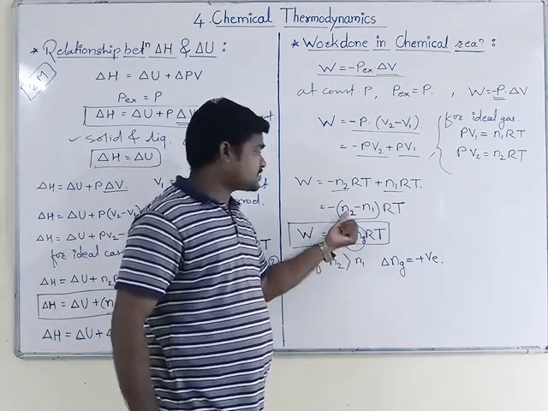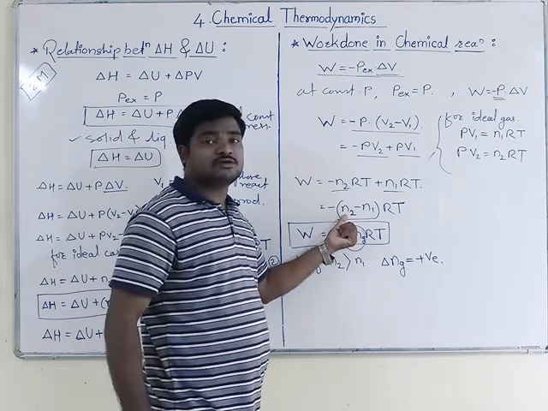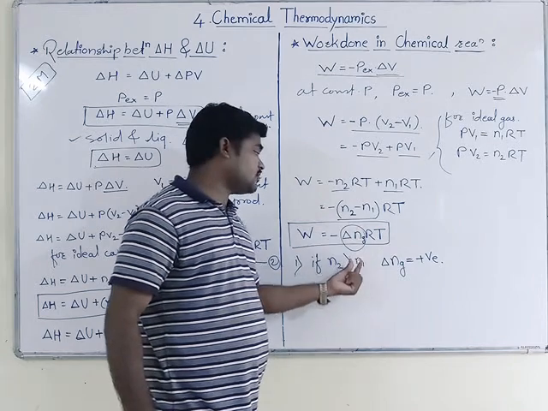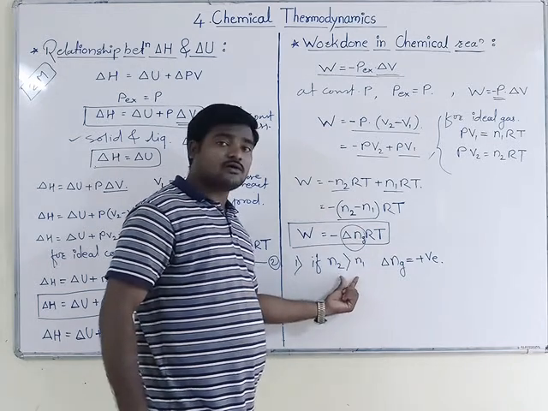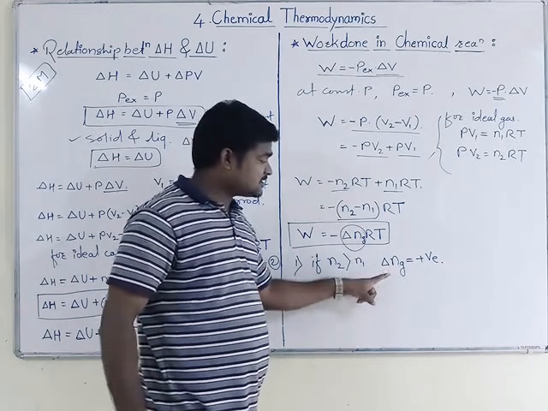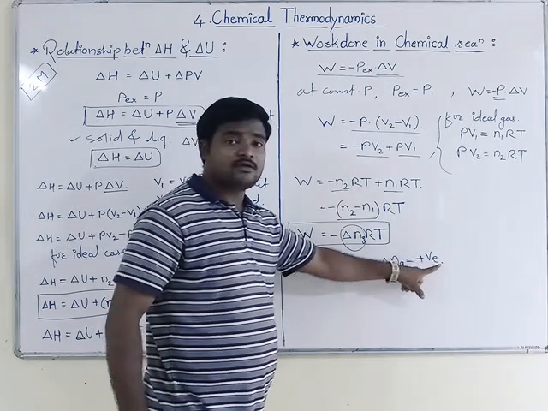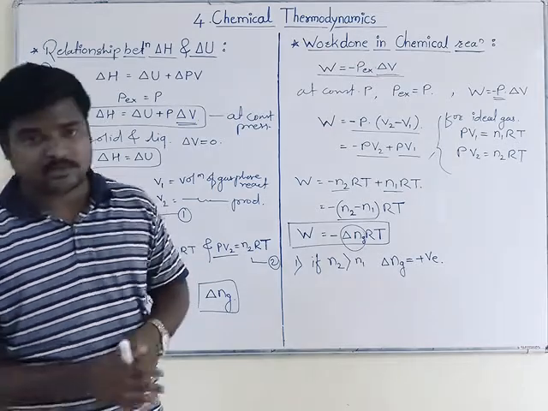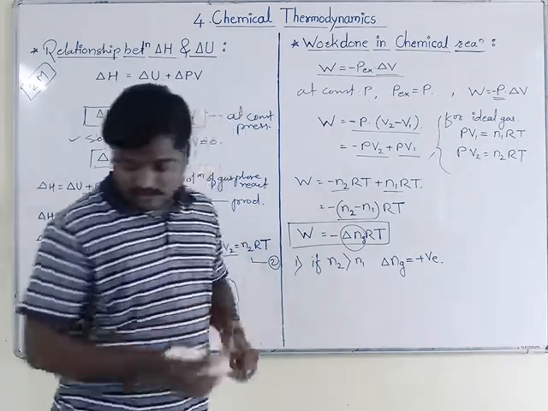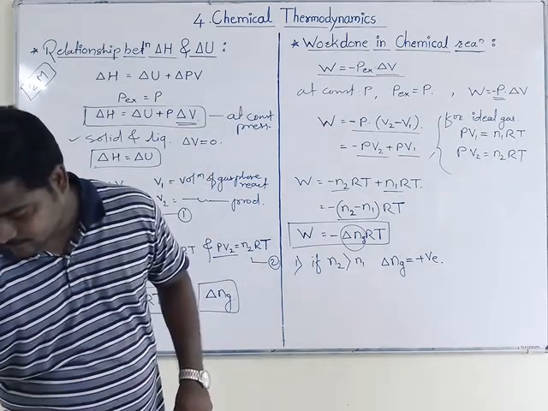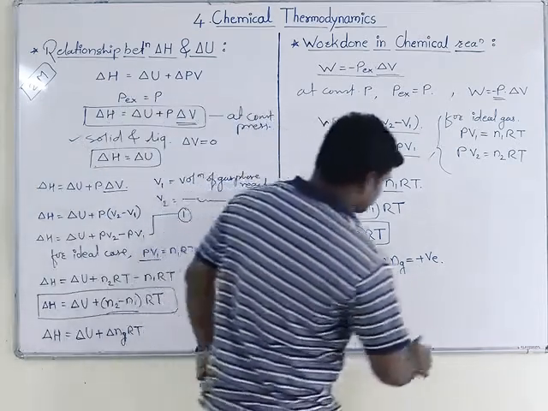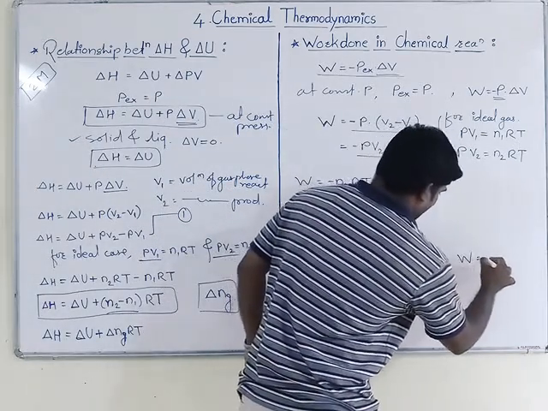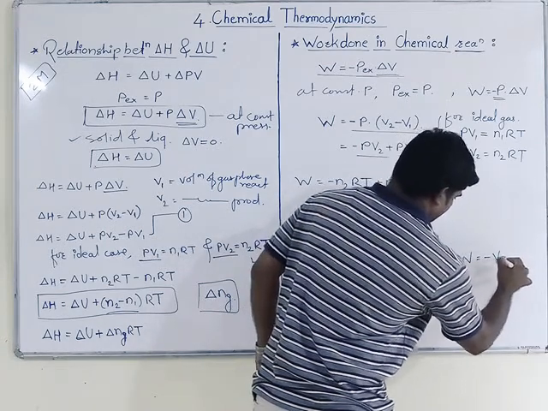And we are subtracting the number of moles of gaseous reactants from the products. So as we have got this value greater, we can say that delta Ng will be positive. And if delta Ng is positive, then work is done by the system and W will be negative.